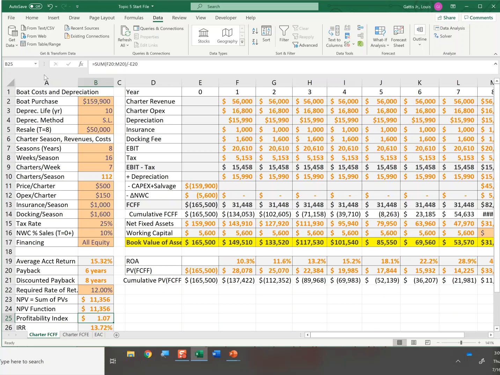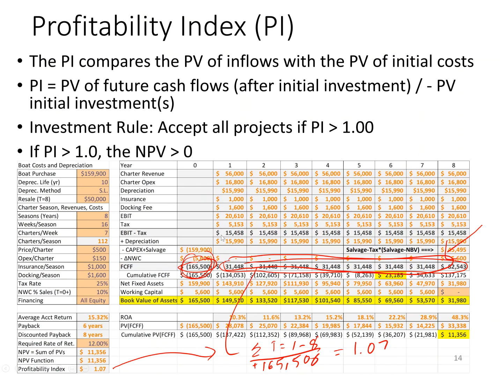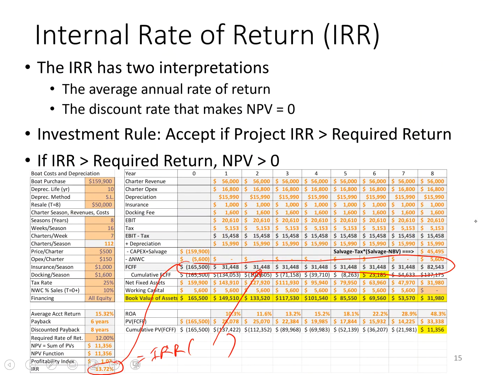Why some people prefer this is if you're looking at 10 or 15 projects, you're deciding which ones to do. It kind of gives you an equal footing to look at the indexes. 1.07 looks better than 1.03. So it kind of gives you an idea of the rate of return of the project. But actually, most people, if you're looking for rate of return, use the last measure, and that is IRR. IRR is the internal rate of return.